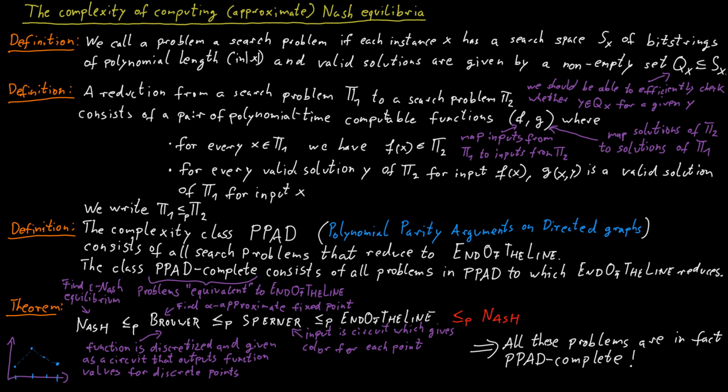In particular, it means that currently it seems completely out of reach to find efficient algorithms for this problem. And it might very well be that there are no such algorithms. Having said that, PPAD completeness is not quite as strong a statement as NP completeness, so who knows?